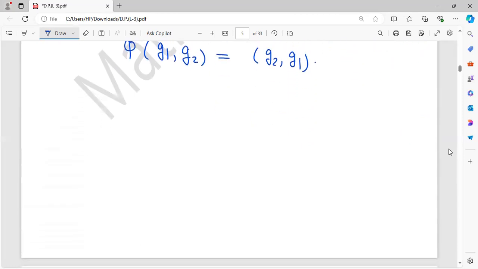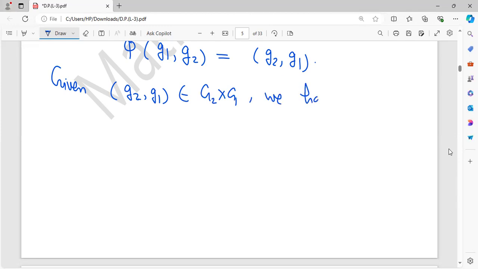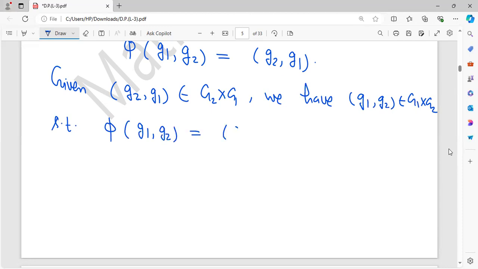So given (g2, g1) belongs to G2 × G1, we have (g1, g2) belongs to G1 × G2 such that phi(g1, g2) is equal to (g2, g1). So this implies phi is onto.